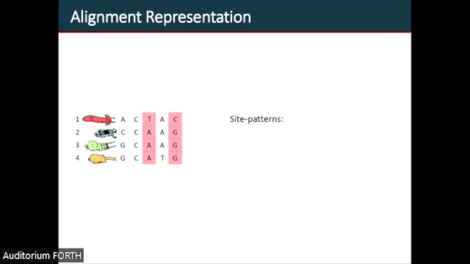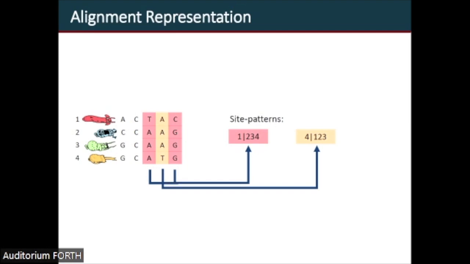For example, here the red sites have the site pattern where the first sequence has another nucleotide than the rest, and we denote this with this split writing, where the split denotes that the left and the right-hand side of the split have different nucleotides. So this would be 1 split 2, 3, 4. And the orange site, for example, would be 4 split 1, 2, 3, as here the fourth position shows another nucleotide.